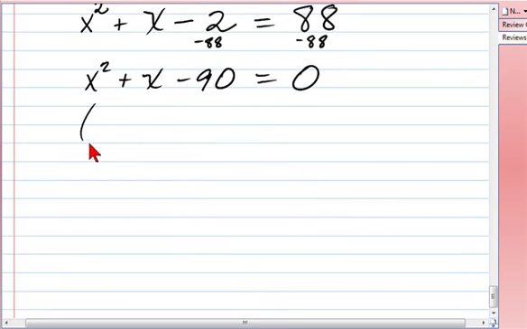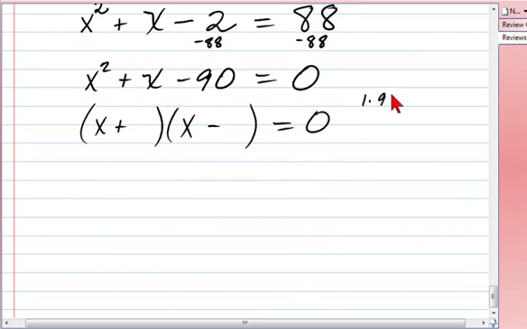No common factor. Look at my trial and error. Signs. 1 plus, 1 minus, x and x. I need factors of 90 with a difference of 1. 9 and 10. Now, you could go through 1 and 90. Nope. 2 and 45. Nope. 3 and 30.